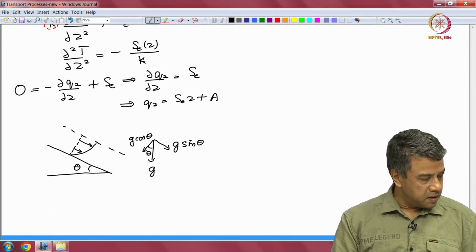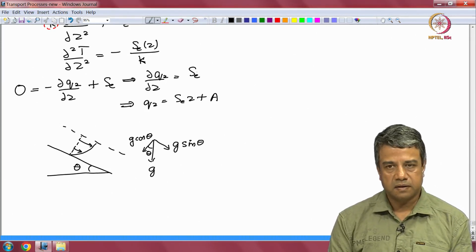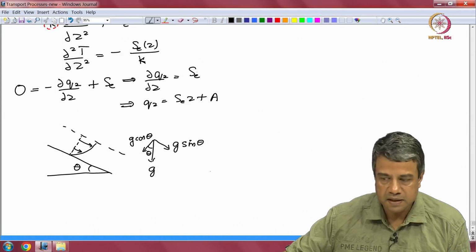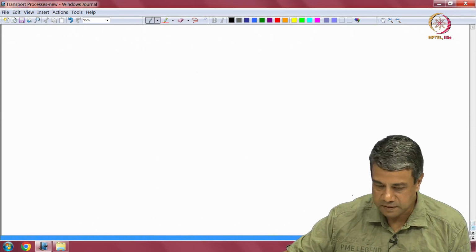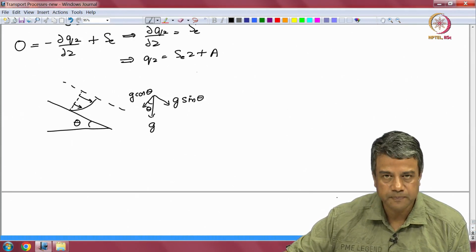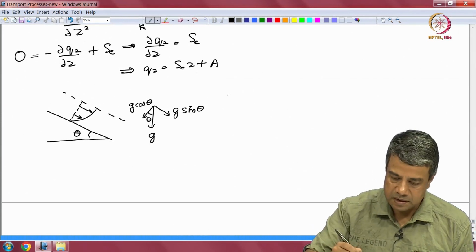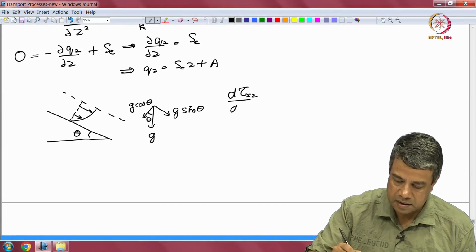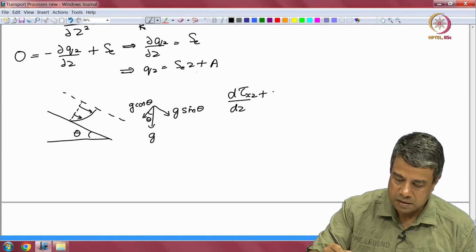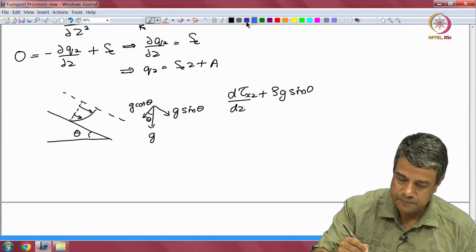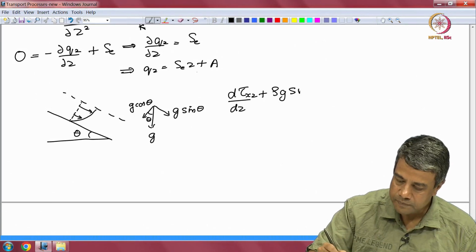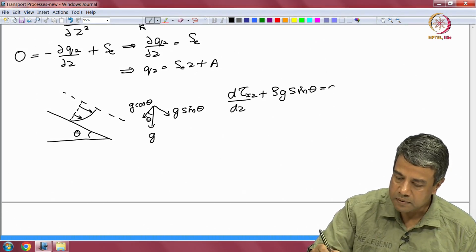So, what is the expression for the momentum balance? At steady state in the presence of a gravitational acceleration, the momentum balance equation is d tau_xz by dz plus rho g sin theta equal to 0.